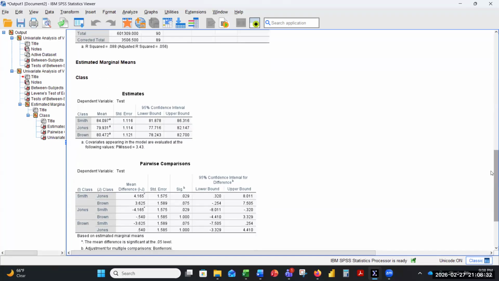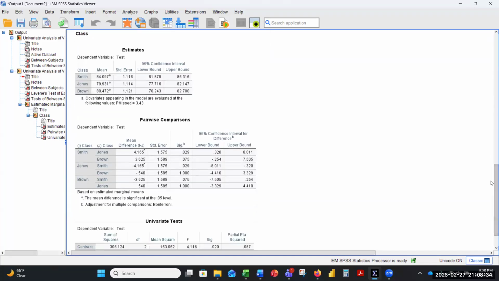And now we'll take a look at the pairwise comparisons. Here we see that Smith and Jones has a significant value of 0.029, which is less than 0.05. So therefore, there is a significance.